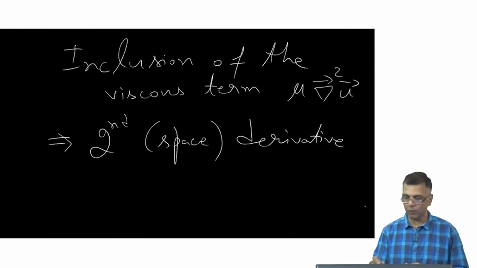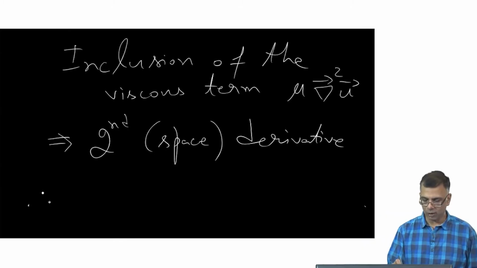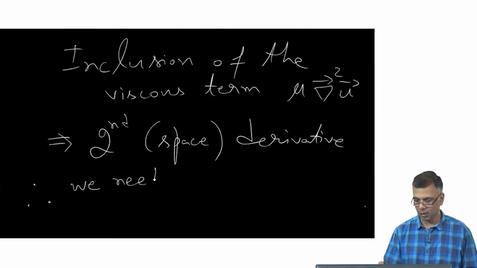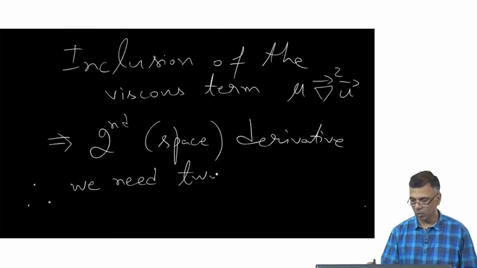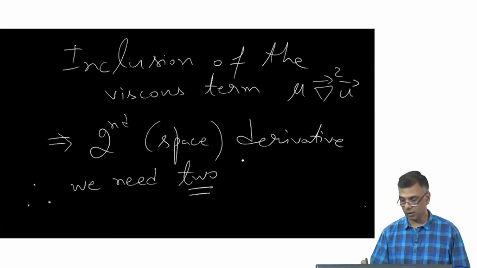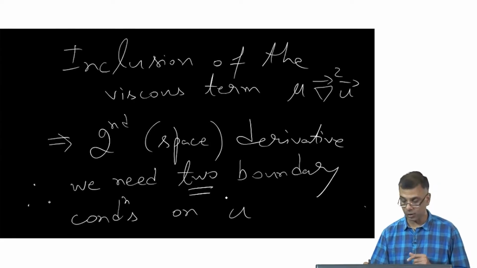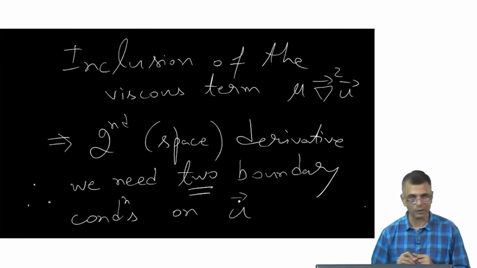So because you have two derivatives, we need two boundary conditions on the velocity, not on the velocity potential, but on the velocity.